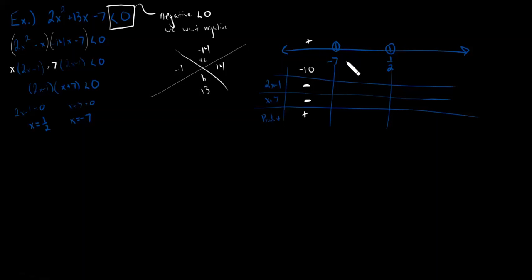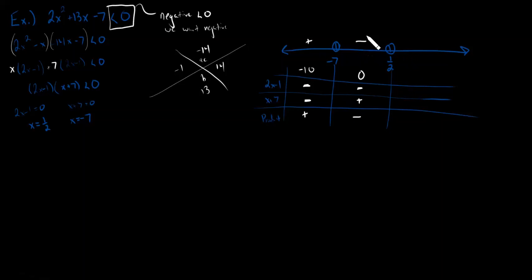Okay, now we have to test a number in between negative 7 and positive 1/2. You can test 0, 0 is probably the easiest one to do. And if I plug in 0, I'd have 2 times 0 minus 1. That's going to be negative. In this one, I'd have 0 plus 7. That would be positive. And a negative times a positive is a negative. So this interval here is negative, okay?